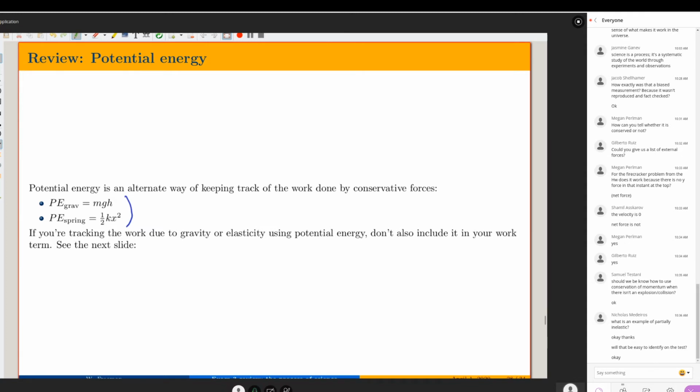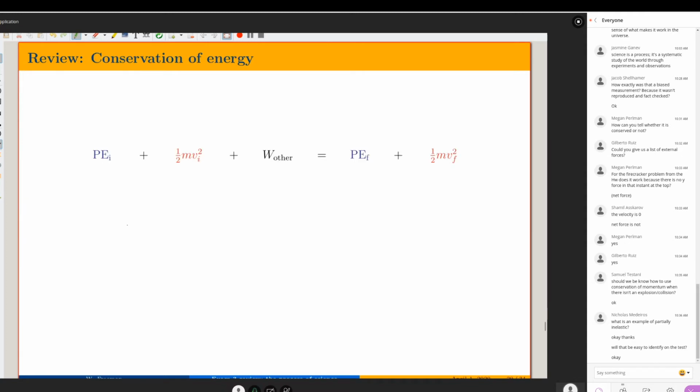So we've got two ways of thinking about work and energy. And I'm going to write something up above here. Where we started was by saying 1/2 mv initial squared plus the work done by all forces equals 1/2 mv final squared.